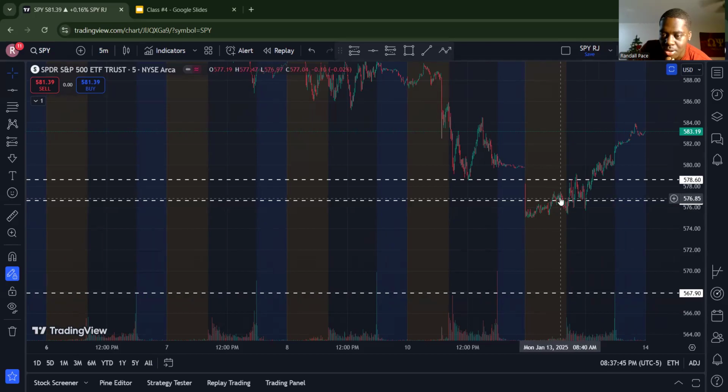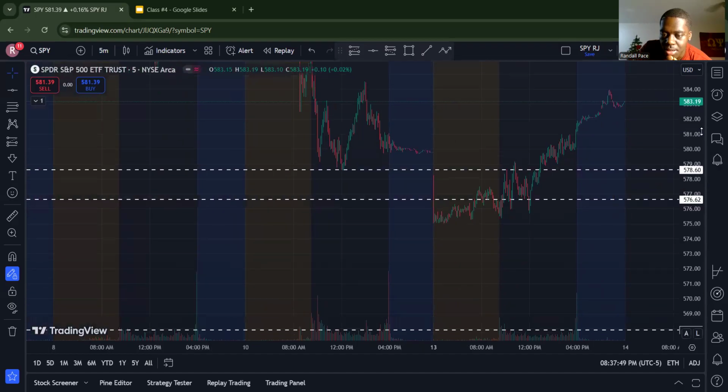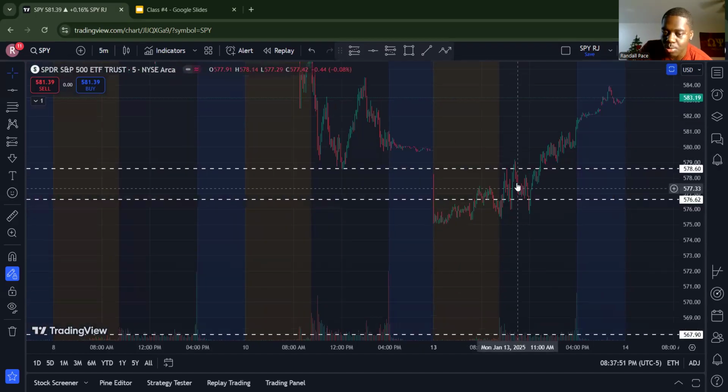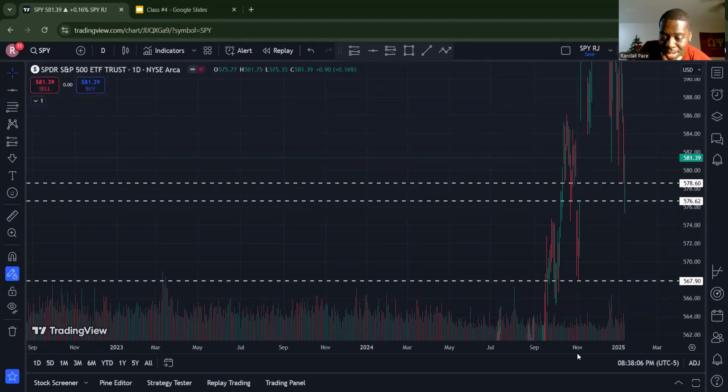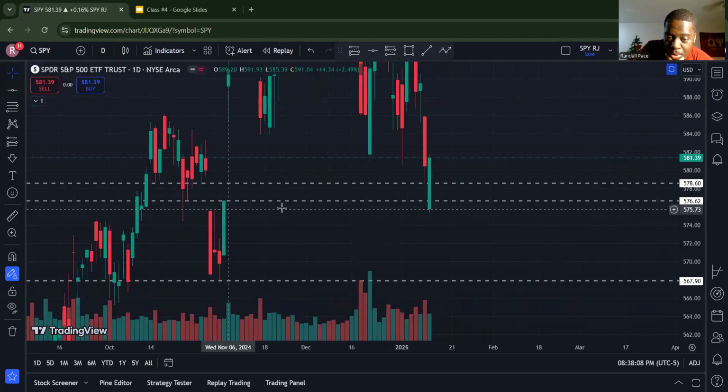So because the pre-market opened here, we got to tweak our plan a little bit and say, okay, we can still use the break and retest, but now we just have to use it up here to try to take it down further like we did today. Because if we would have just used this candle, it would have been hard to have a plan because it opened up below this level here.